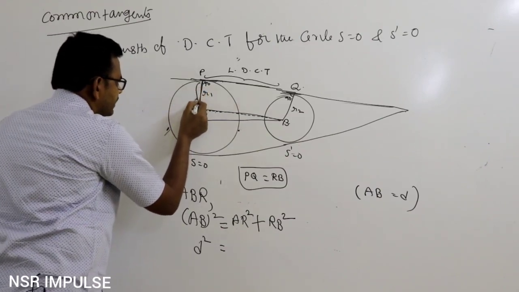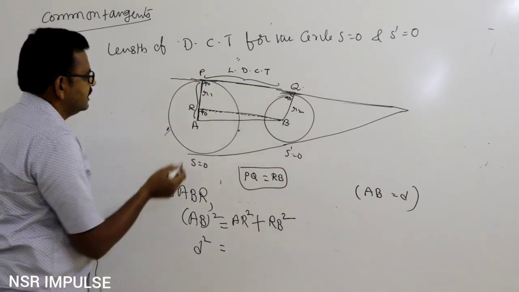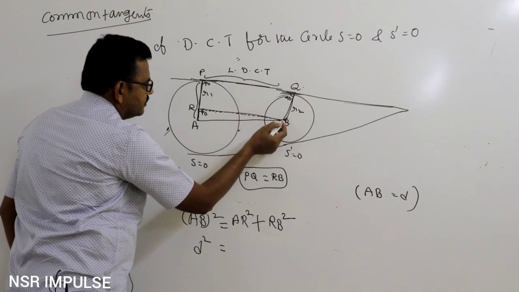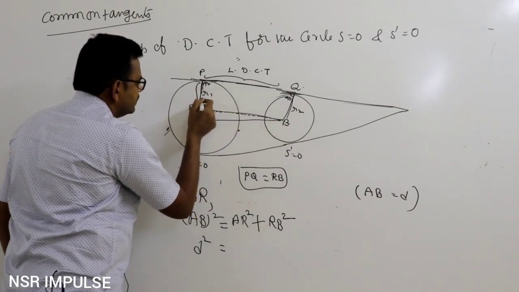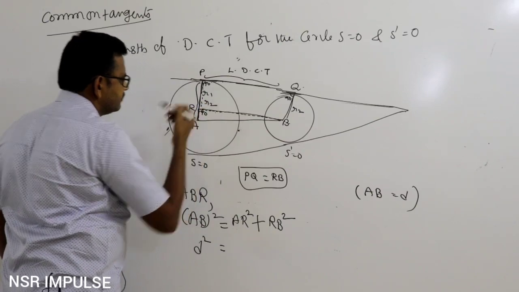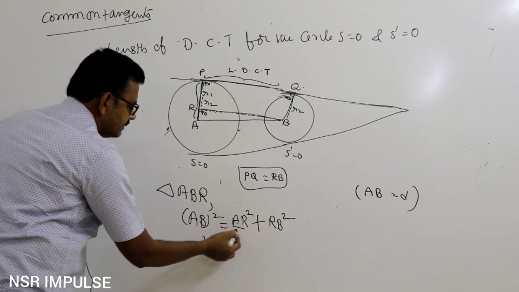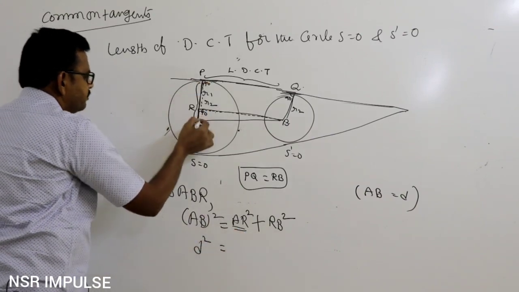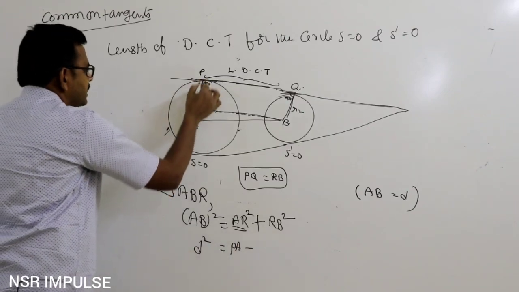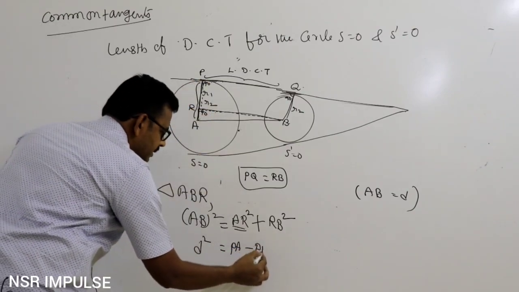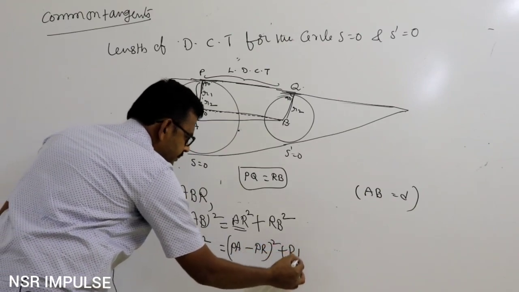AR square: here the radius is R1 and this is R2. So AR is PA minus PR, whole square, plus RB square.